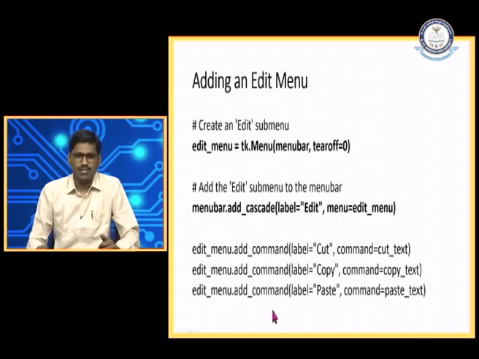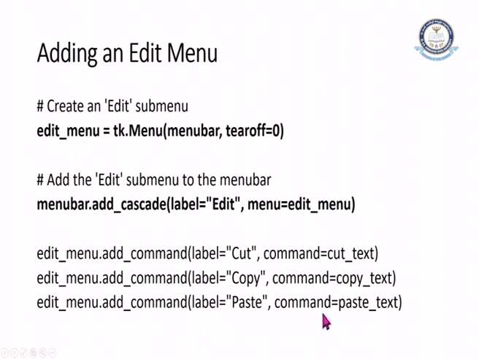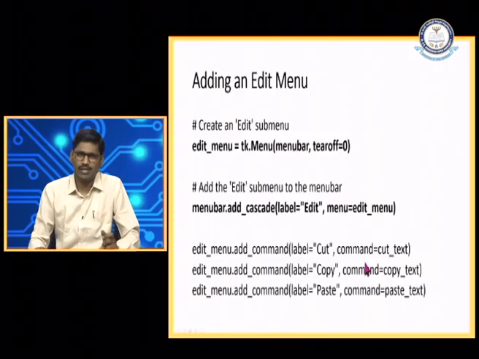Then paste, label equals paste, command equals paste underscore text. So, if you run this, you can implement the edit menu also along with the file. Within the edit menu, you can use the commands cut, copy, paste also.